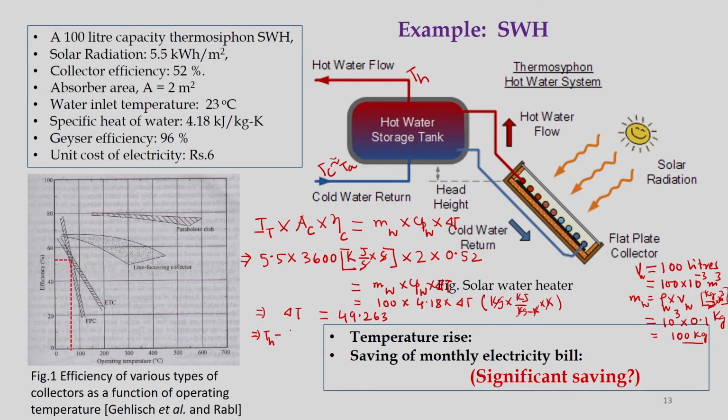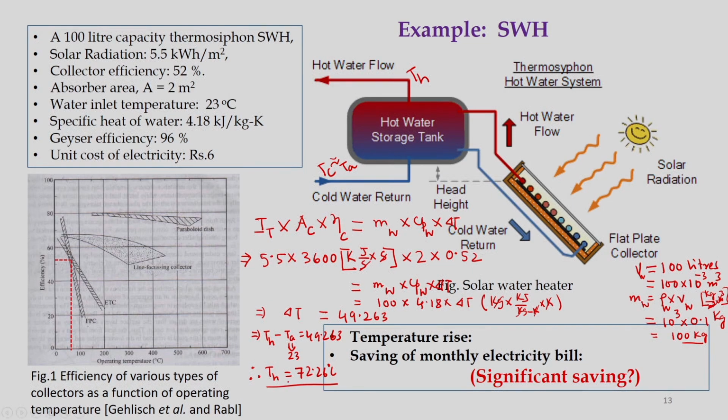So, TH minus TA is 49.263, and if we substitute TA as 23, then TH will be 49 plus 23. So, it will be 72.26 degrees C.